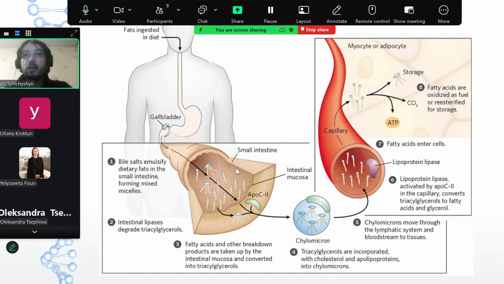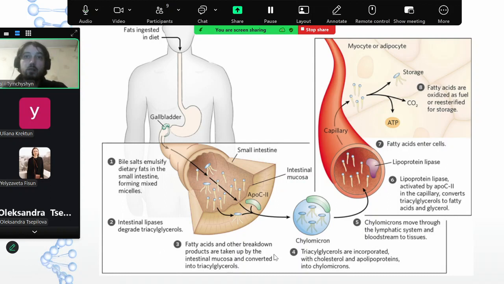So here you see the small intestine, and here you see triacylglycerols and what is basically happening. The intestinal lipases are degrading triacylglycerols, removing glycerol from the fatty acids.